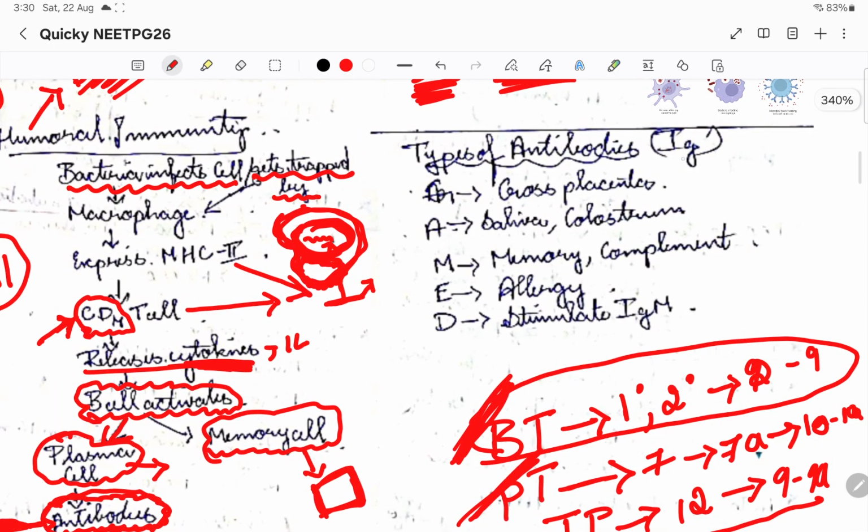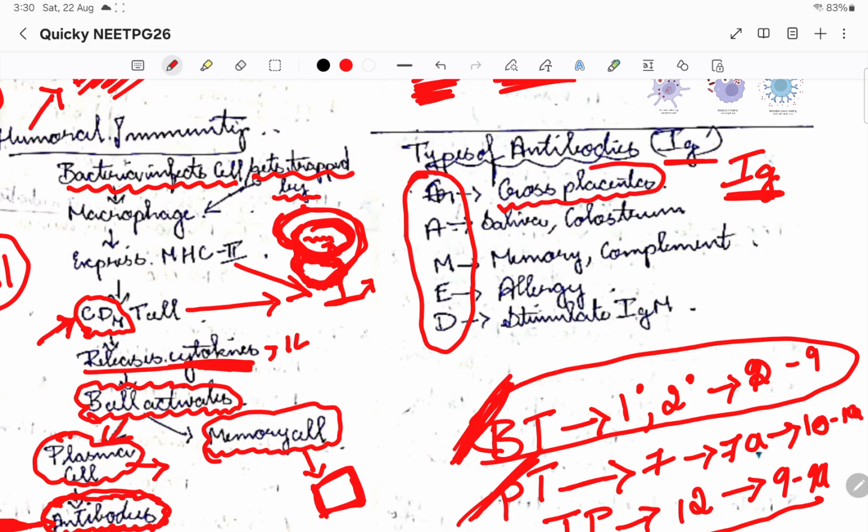Remember the name GAMED. So IgG, IgA, IgM, IgE and IgD. These are the antibodies that are present in our body. Remember all these points. IgG can cross the placenta.